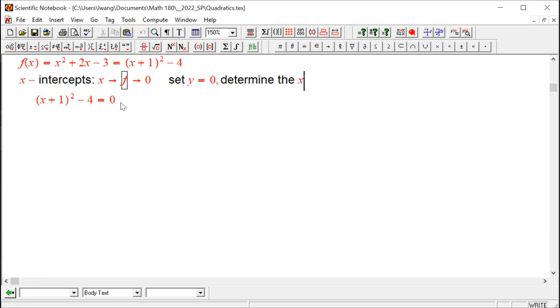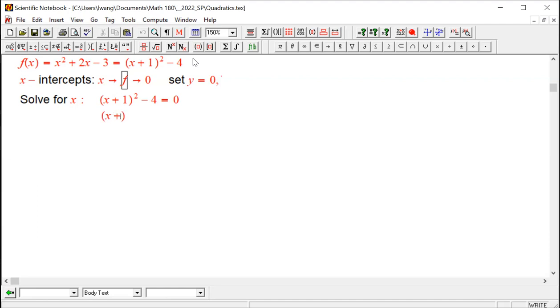So we end up solving for x from here. Here we say solve for x from this equation, and then the step is pretty straightforward.